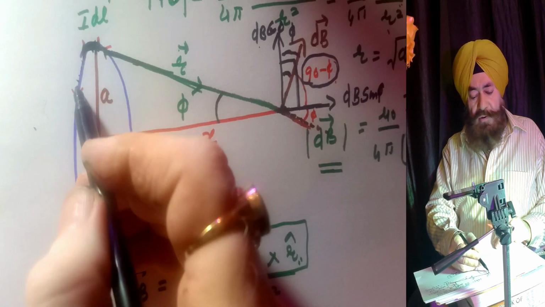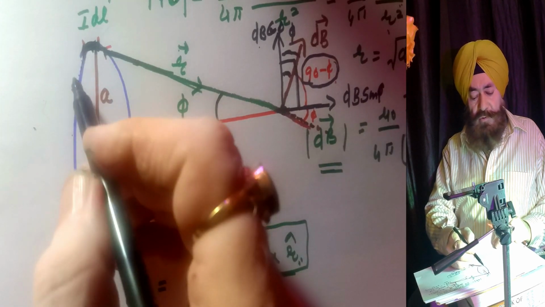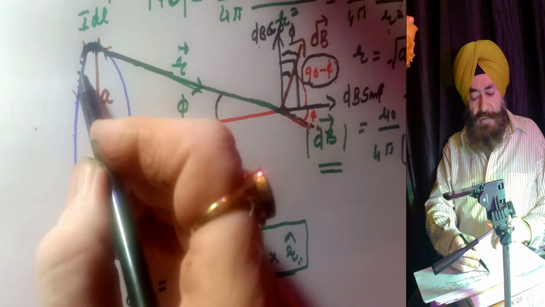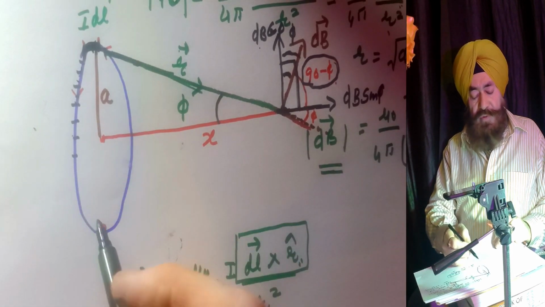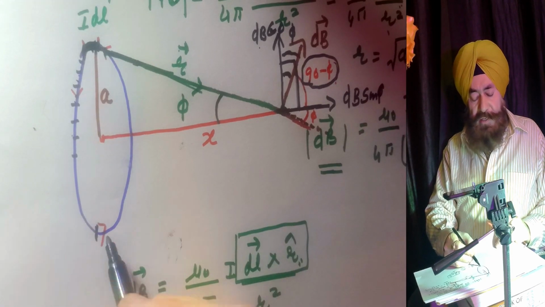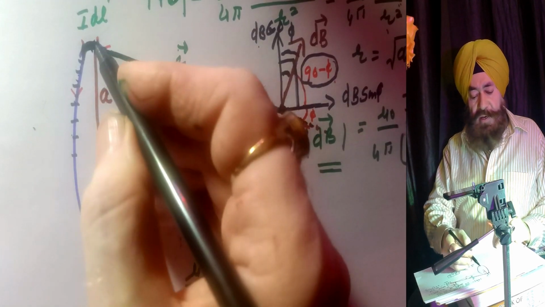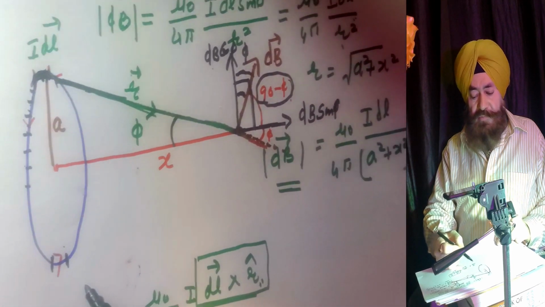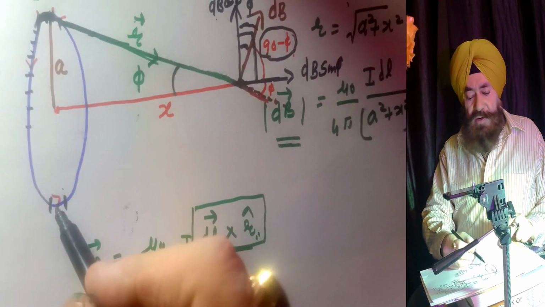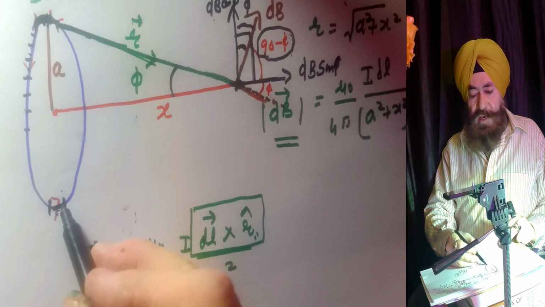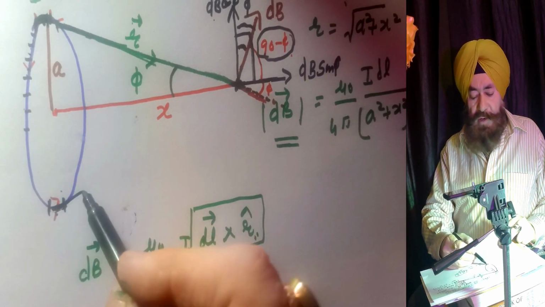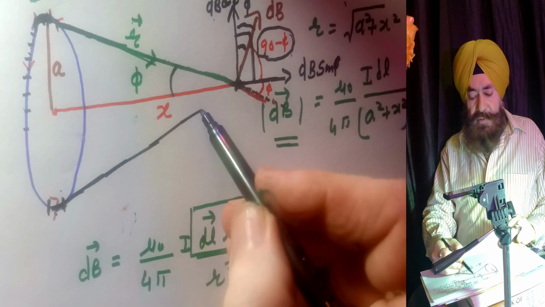You know, along the ring, along this loop, everywhere, continuously there are the current elements. Okay, let me consider this current element, exactly opposite to this. Again, I'll try to find the magnetic field here because of this element. So I will join this line.